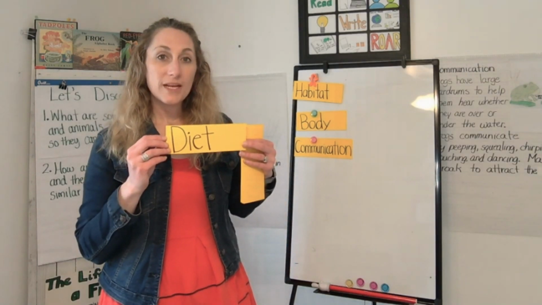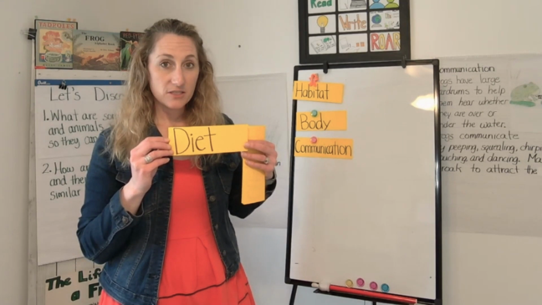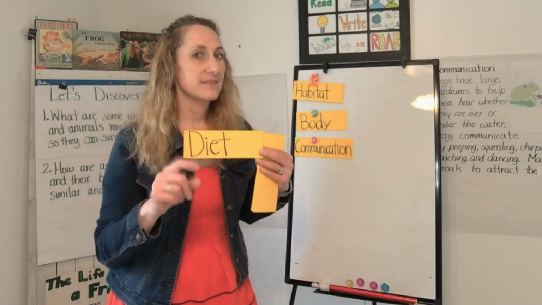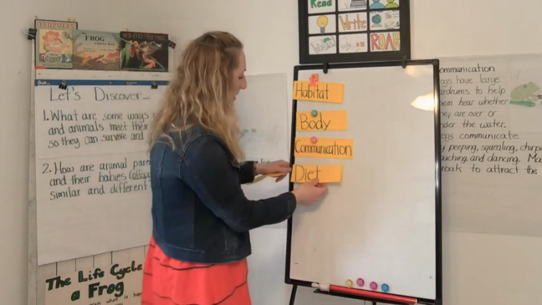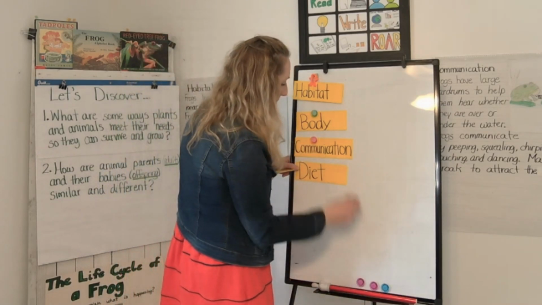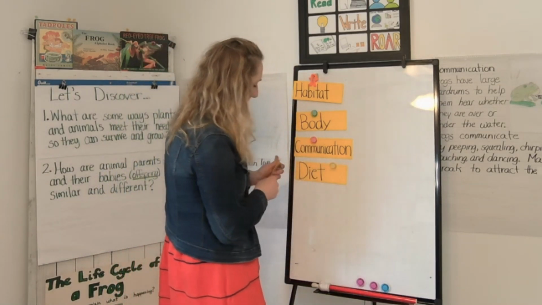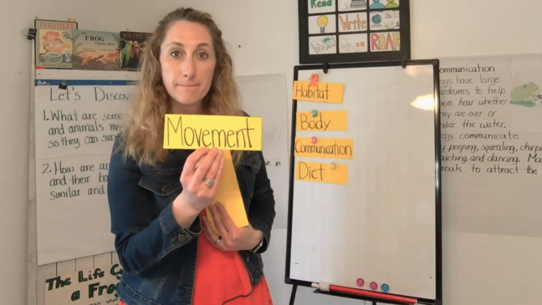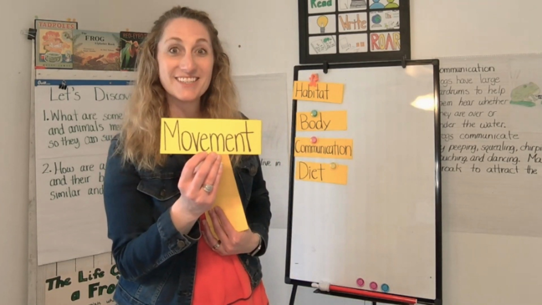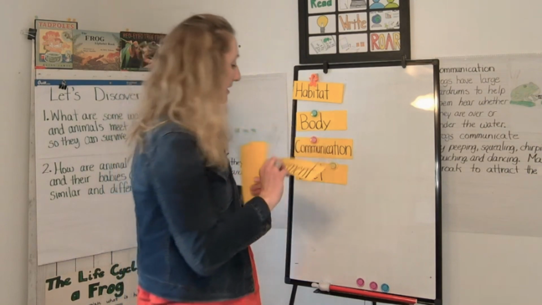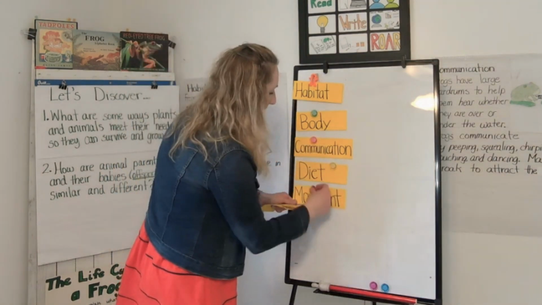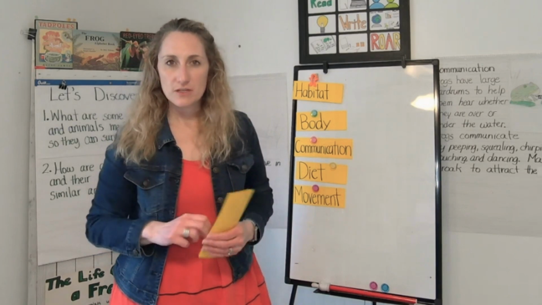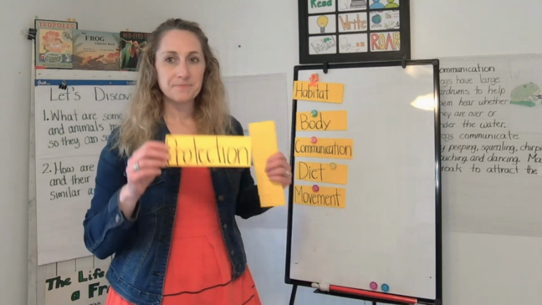Diet. We learned that the diet, can you say the word diet? The diet is what they eat, right? So we learned all about the different things that a tadpole eats versus a frog. Movement. Can you say movement? Great. We learned that they're both good at swimming, both tadpoles and frogs, and that frogs have those really strong legs to be able to jump, right?